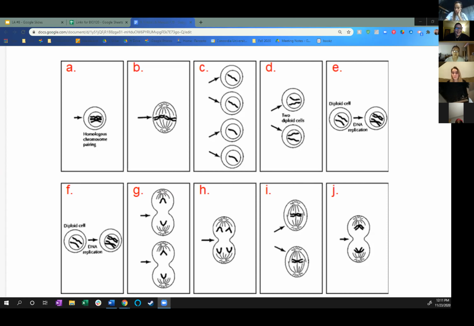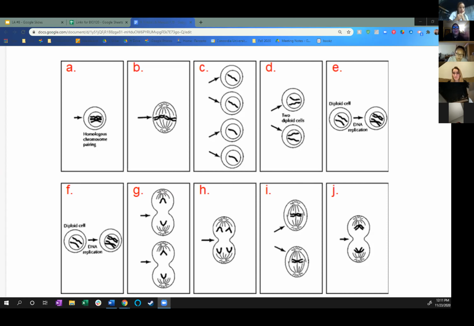I appreciate all of that interaction. Thank you. Okay, so it looks like, once again, we're pretty split. I'm seeing quite a few thumbs up. So B is actually a thumbs up. That belongs in mitosis. So once we go through all these images, I just want to say that we will be putting them in order together. So don't be worrying about that. That's also part of the activity.